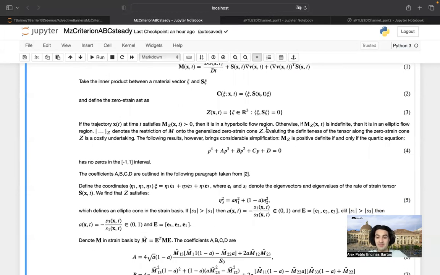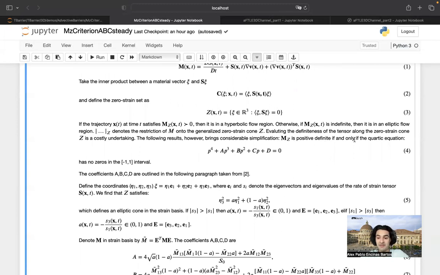Evaluating this in 3D is a bit problematic, I would say. So it's computationally not trivial and might also be very costly. However, a major simplification was derived. In fact, in order to check whether Mz is positive definite, we simply need to take a look at this quartic equation.